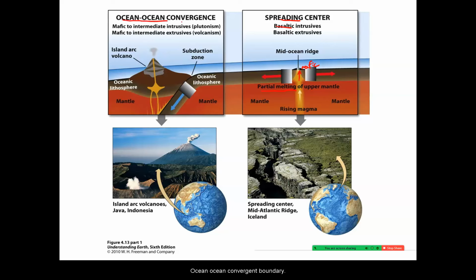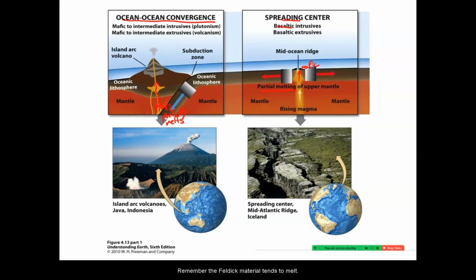In an ocean-ocean convergent boundary, what we've got going on is the mafic material partially melting. Depending on how partial it is, that magma will be more or less intermediate in composition.